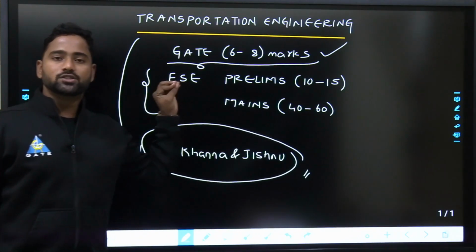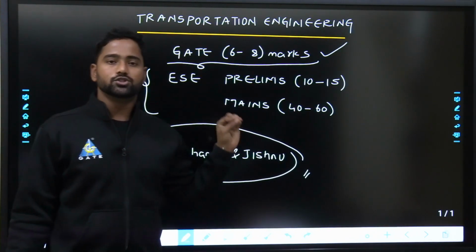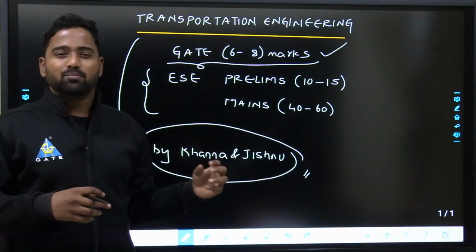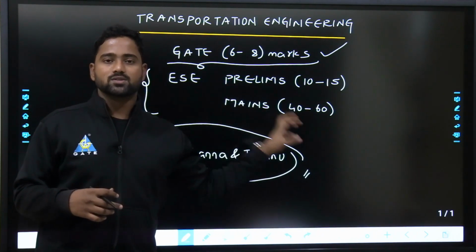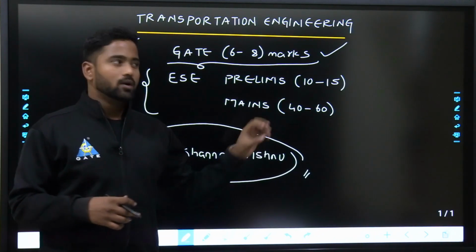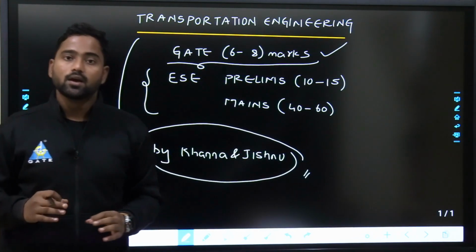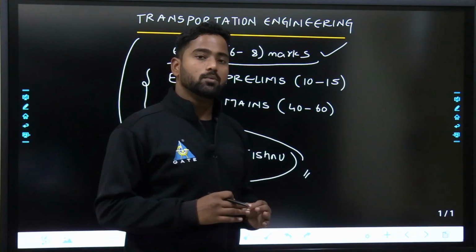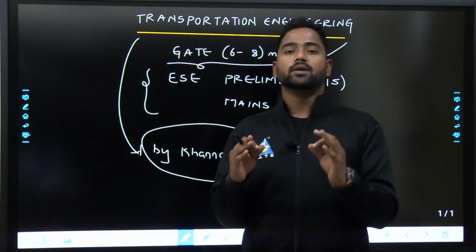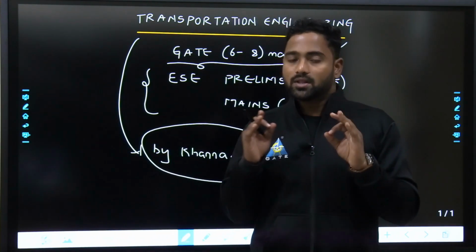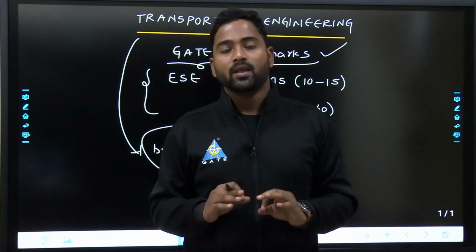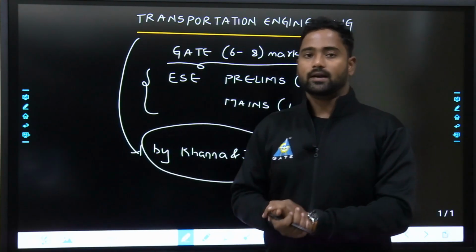That book is enough, and for railways and airport, the notes provided in these videos are more than enough from the GATE point of view. Whatever I am discussing and whatever videos I am giving are from the GATE 2022-2023 point of view only. We will not be discussing more than that.